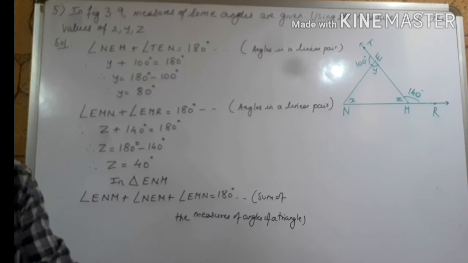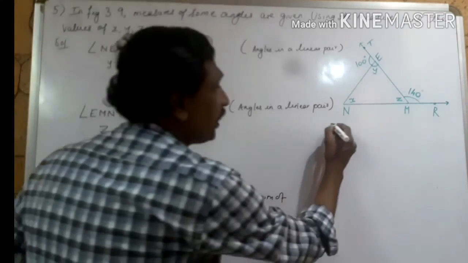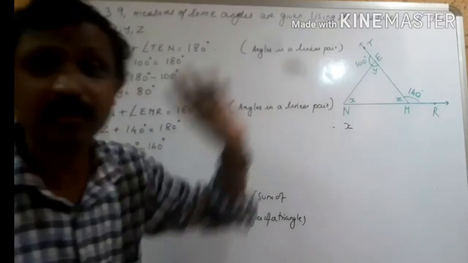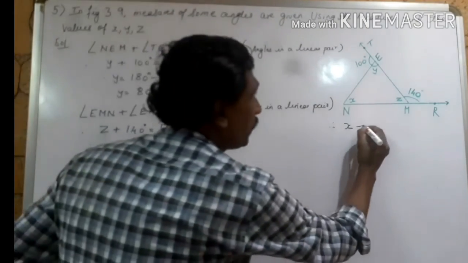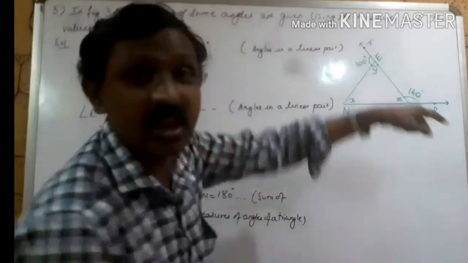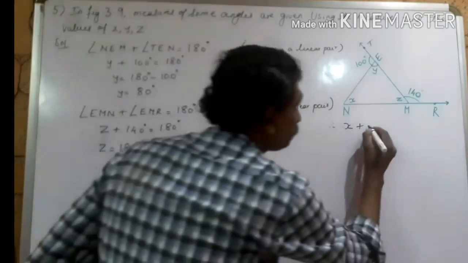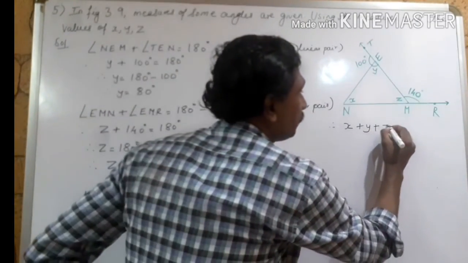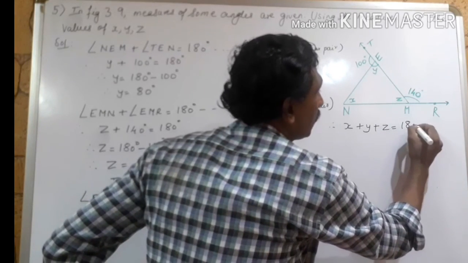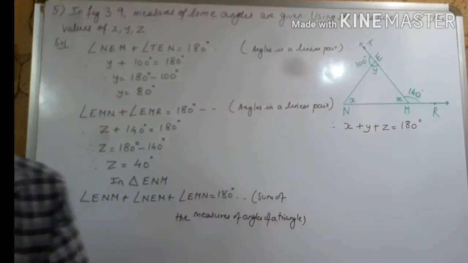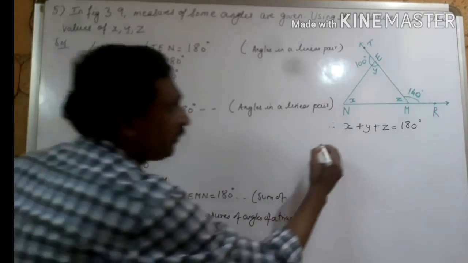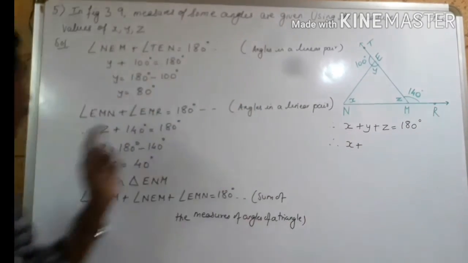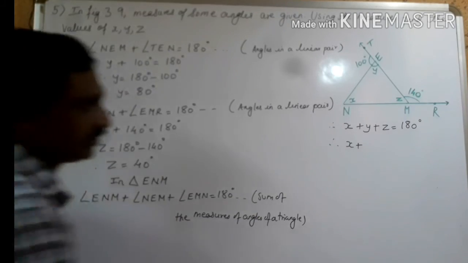But what we are going to write here is: therefore, x, which is ENM, plus NEM, which is y, plus z is equal to 180 degrees. Therefore x plus what is the value of y? 80 degrees.